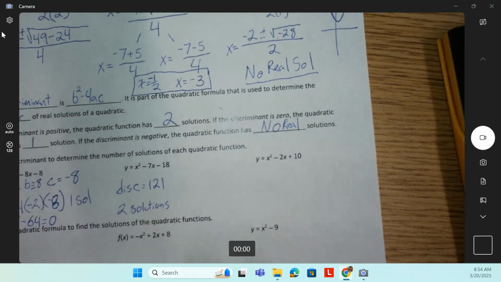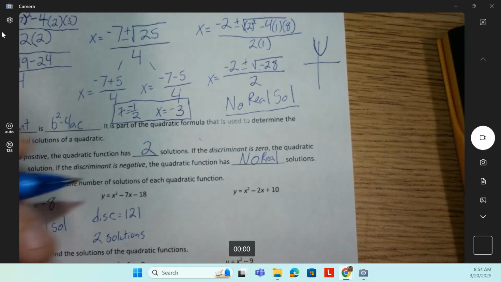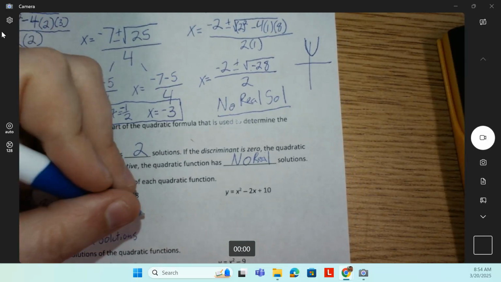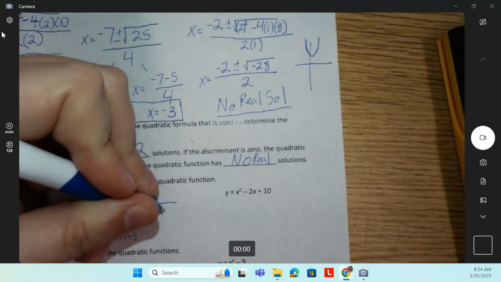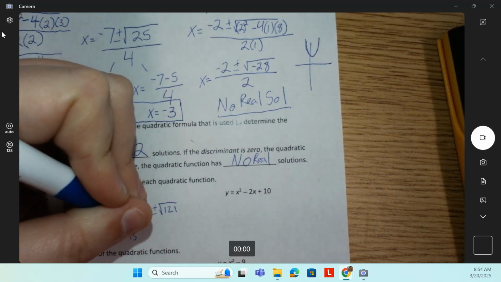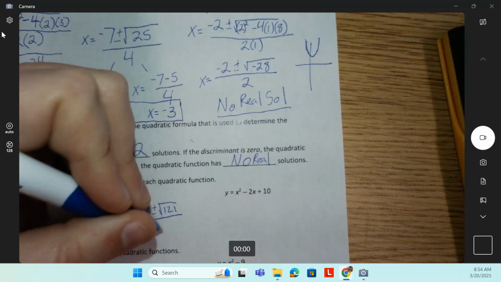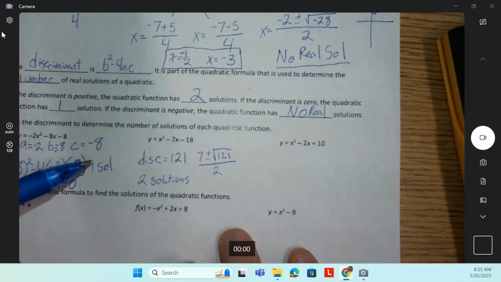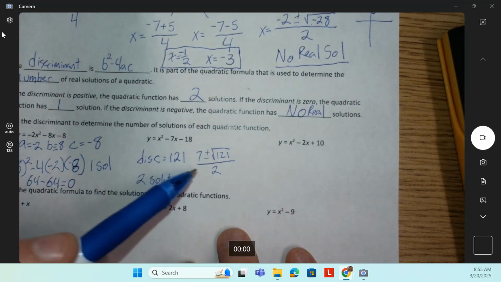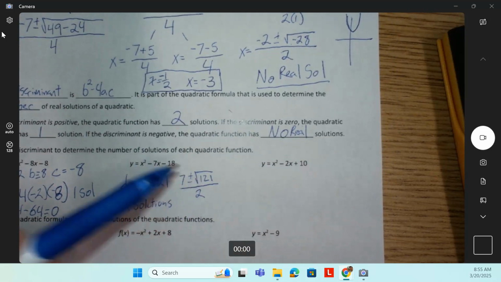If I'm solving it the rest of the way, I could just put negative b, so 7, plus or minus the square root of 121 over 2 times a, which is 1, so over 2. Figuring out that discriminant first really shortens your equation because you've already worked out the bulk of it.